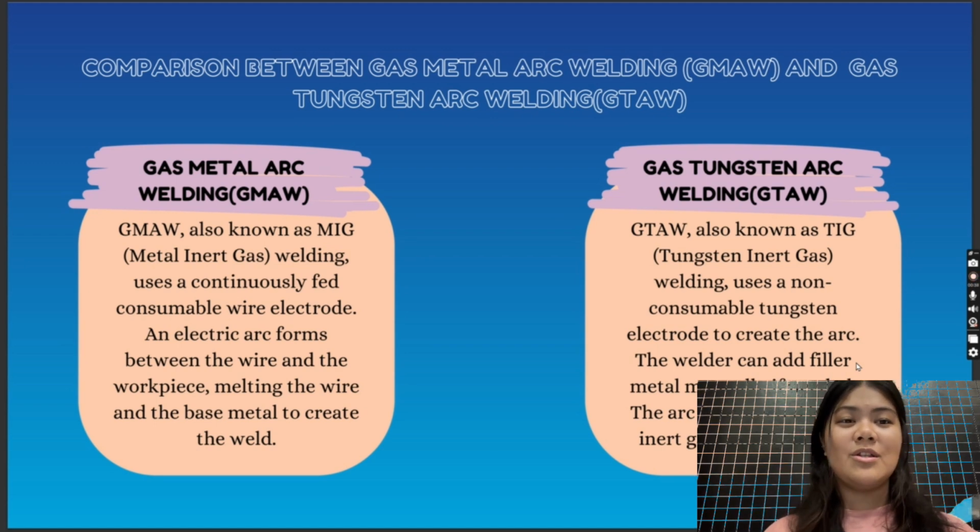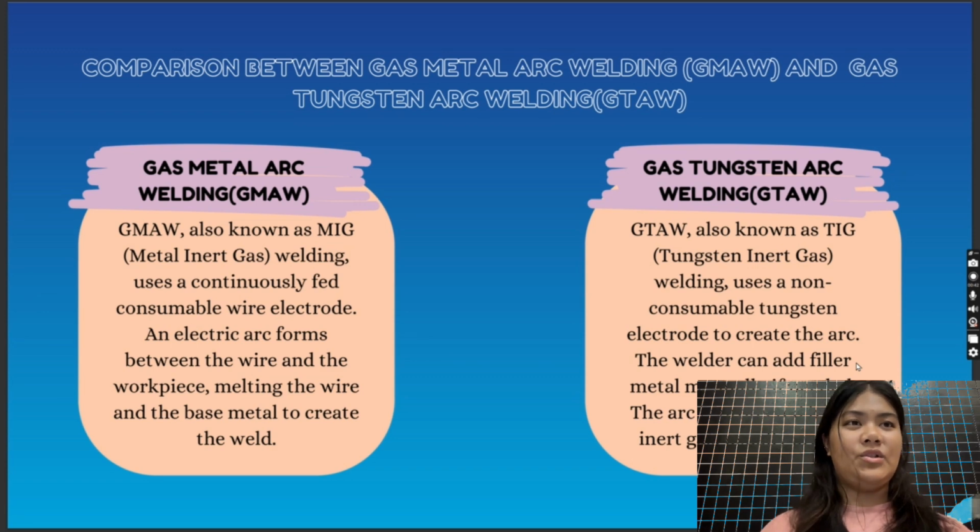GMAW, also known as MIG, metal inert gas welding, uses a continuously fed consumable wire electrode. An electric arc is formed between the wire and the workpiece, melting the wire and the base metal to create the weld.